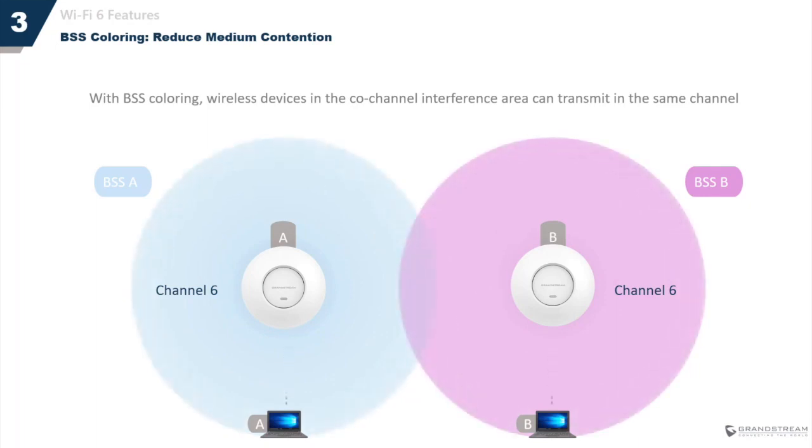In this example, we use channels from the 2.4 band, but the same thing can happen when using multiple APs in proximity in the 5 GHz band. So the main reason for adding BSS coloring in Wi-Fi 6 is to reduce airtime consumption and avoid interference that is the result of overlapping BSS, which is usually referred to as co-channel interference.